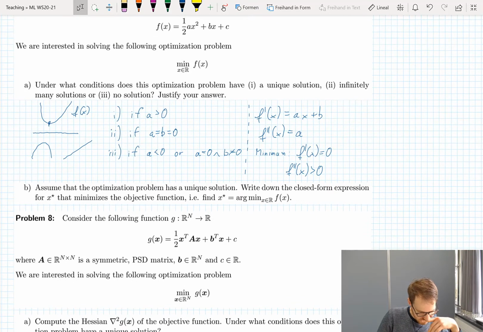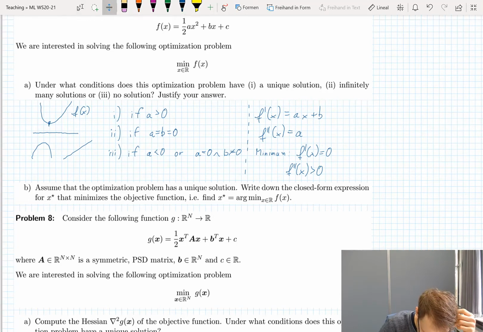Okay, next up. Assume that the optimization problem has a unique solution. Write down the closed form expression for x star that minimizes the objective function, i.e. find x star equals argmin f of x. I mean, we've basically solved this by writing down the derivative, so this will be very quick.